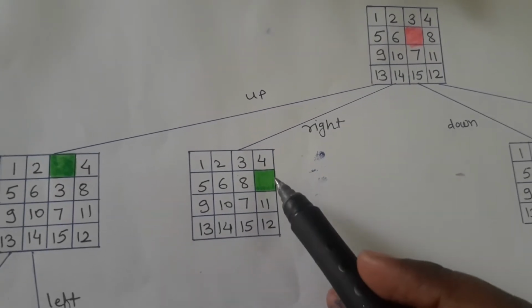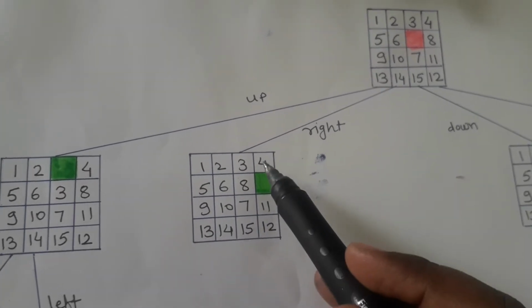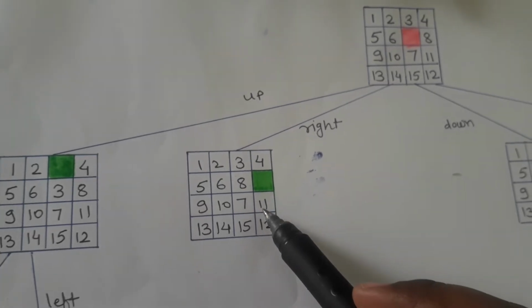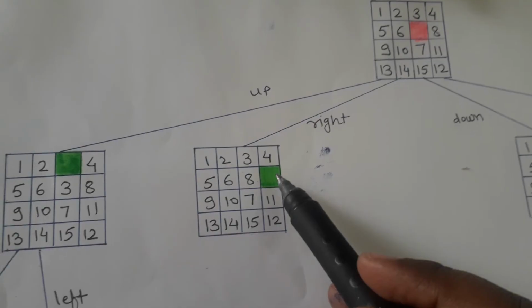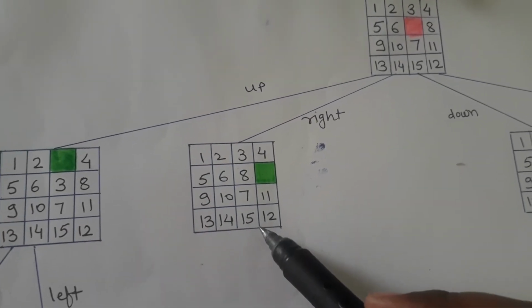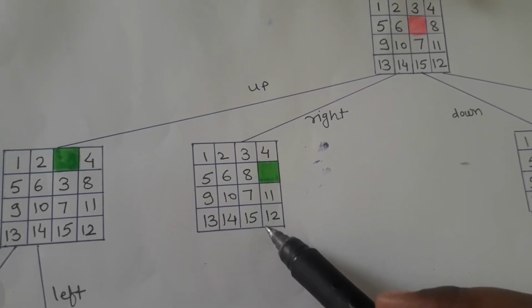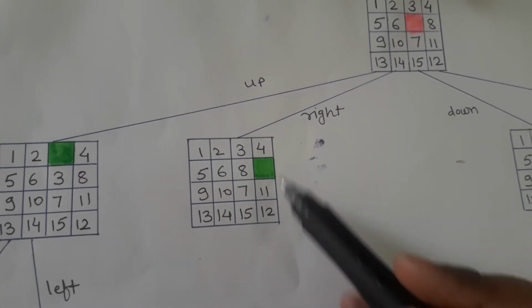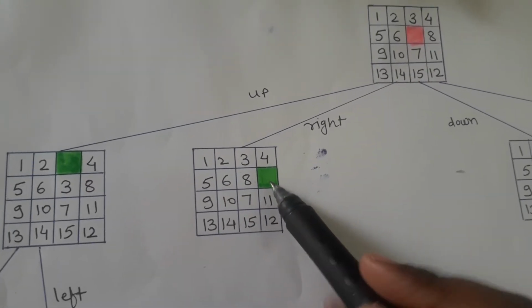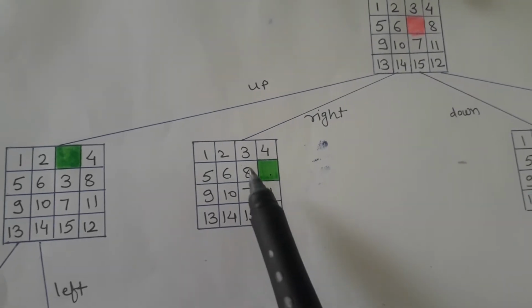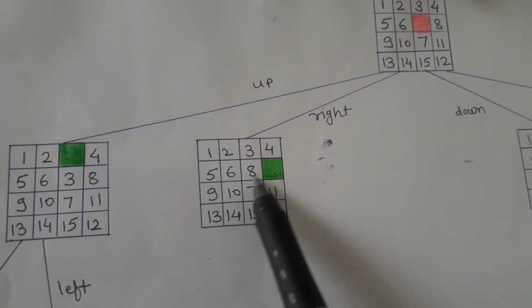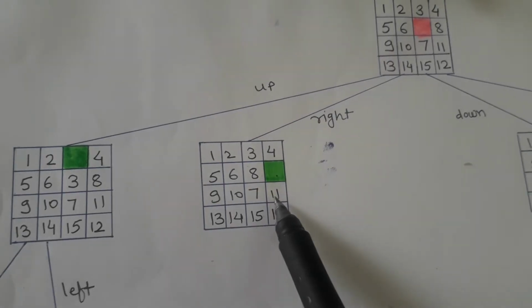Now here either we can move this 4 to this empty spot or 11 to this empty spot. So up and down, only two edges will be there. If we move 8 to this state, then again we will get the initial state. So therefore we will not move 8, we will move only either 4 or 11.